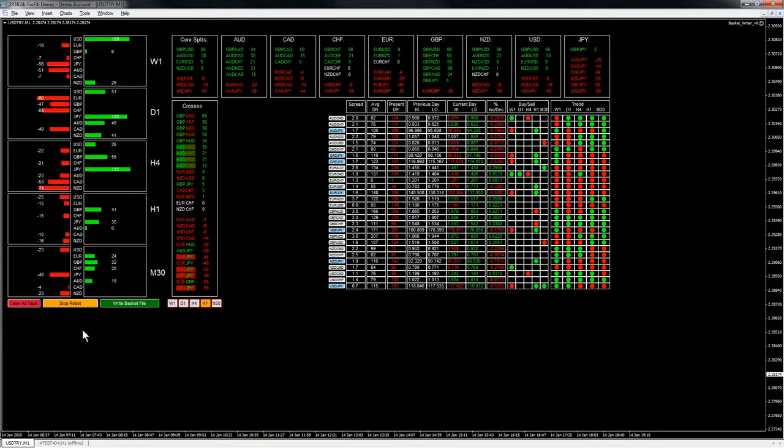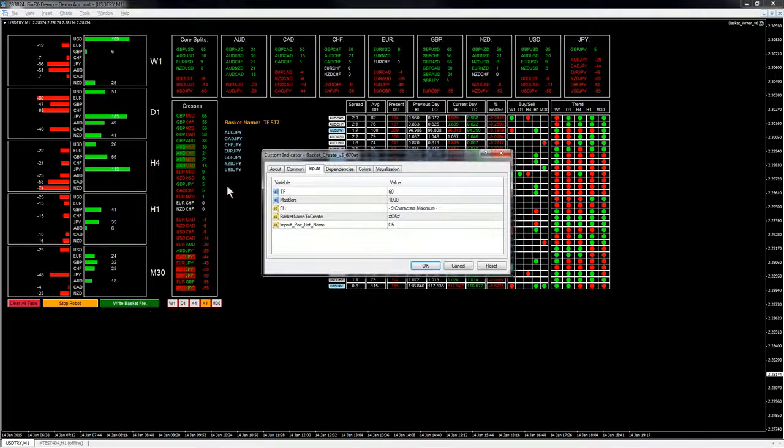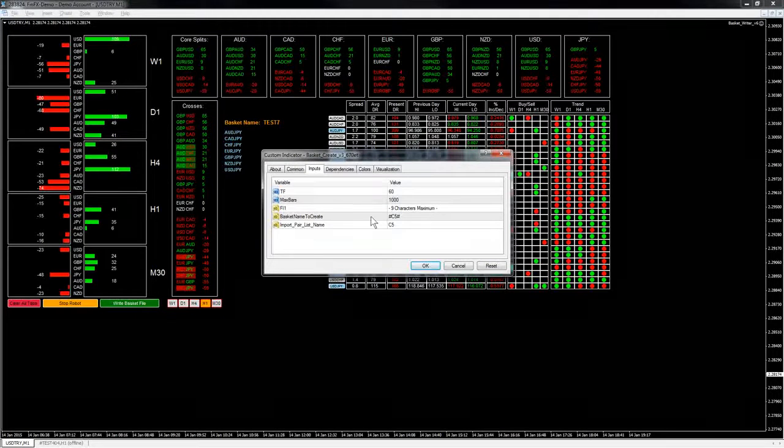And this should come up as test 7. We haven't used test 7, so it should be okay. And there are the 7 yen.